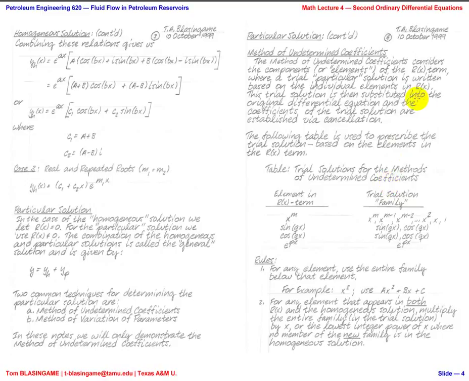The first part is covered by the homogeneous part when the R of x is equal to 0, but we have to add another part that covers when this R of x is not 0, right? There are two methods to do so: the undetermined coefficients and the variation of parameters method. Here we're going to show only the undetermined coefficients.